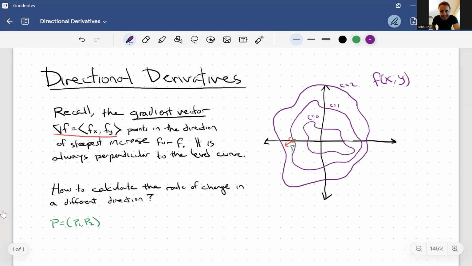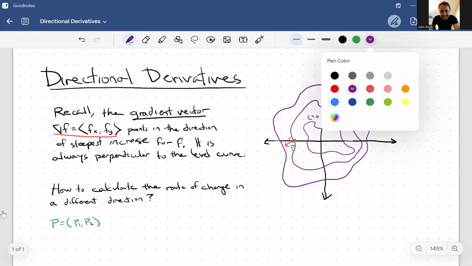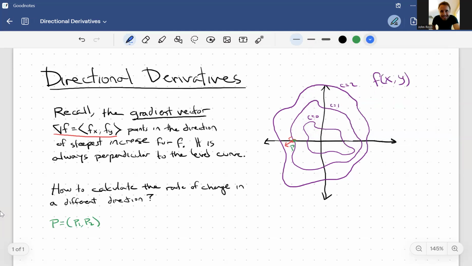And then let's also create a vector, in blue, that will be indicating the direction that we want to compute this directional derivative in. So from P, maybe our direction is pointing off at this sort of slanted, skewed angle here. It's not perpendicular to the gradient vector, and it's not in the exact same direction as the gradient vector.